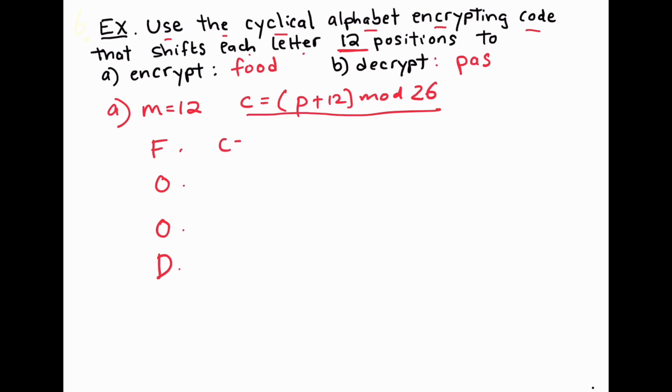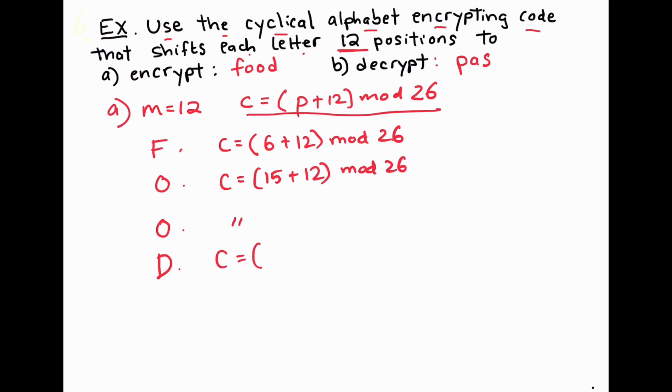So the ciphertext would be given by 6 plus 12 mod 26. And the ciphertext here would be given by 15 plus 12 mod 26. This would be the same because it's the same letter. And then the ciphertext would be given by 4 plus 12, mod 26.